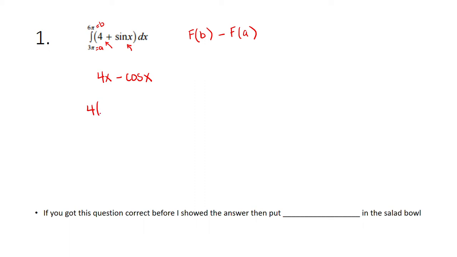Now I need to plug in 6 pi. And this is the first answer I need to get, and then I need to subtract, plugging in 4 times 3 pi.